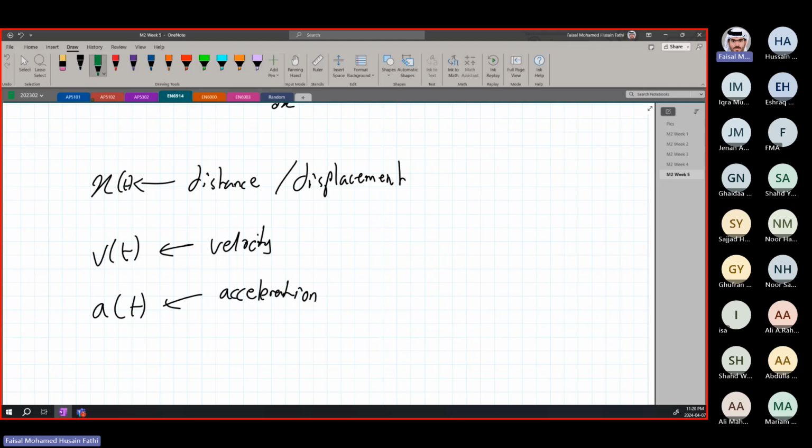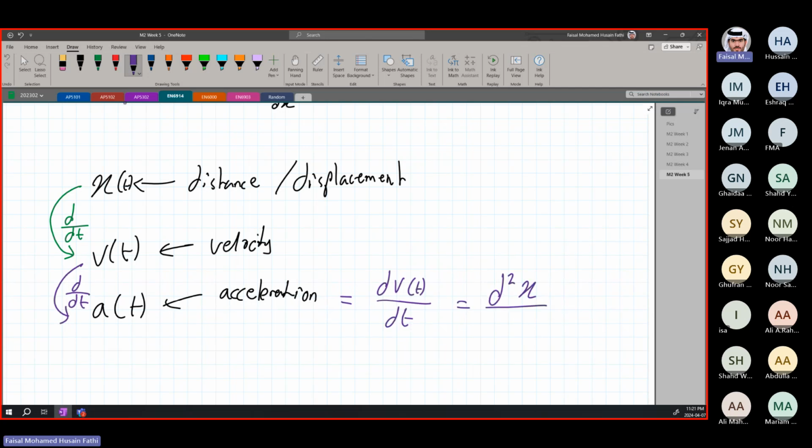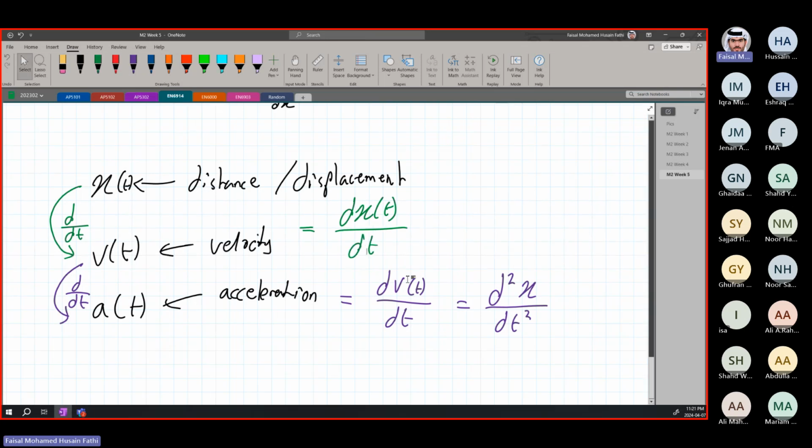If we differentiate x, d by dt, we get to velocity, and if we differentiate again, d by dt, we get to acceleration. So acceleration is equal to dv of t by dt, or the second derivative of x by dt squared. And velocity is just equal to dx of t by dt. This is another thing you should remember.